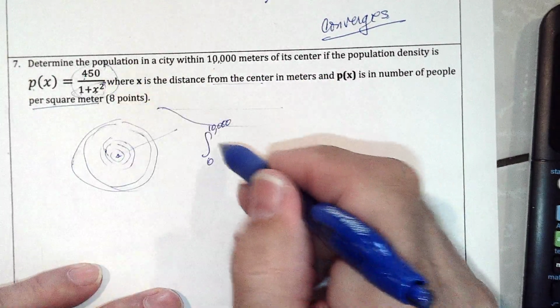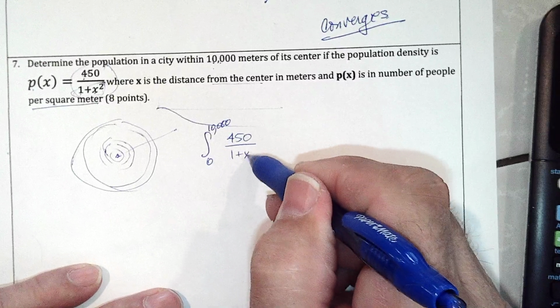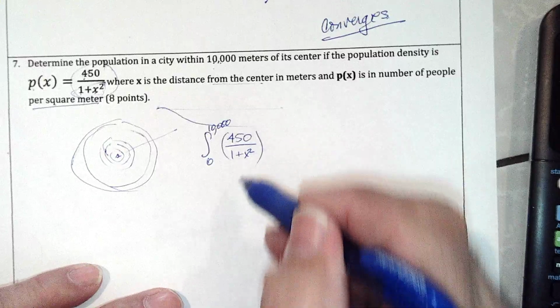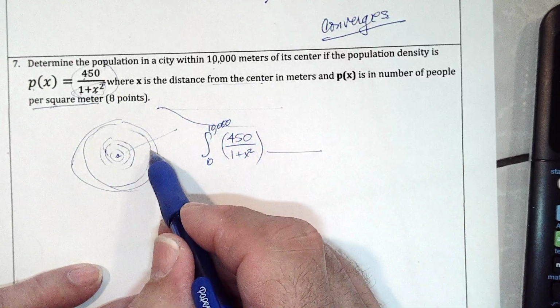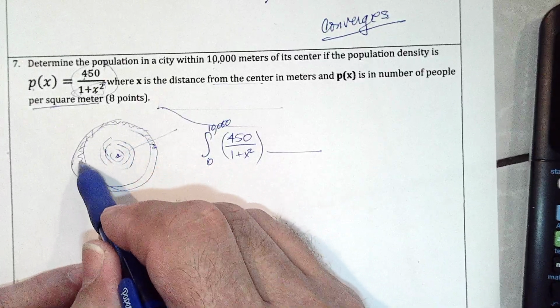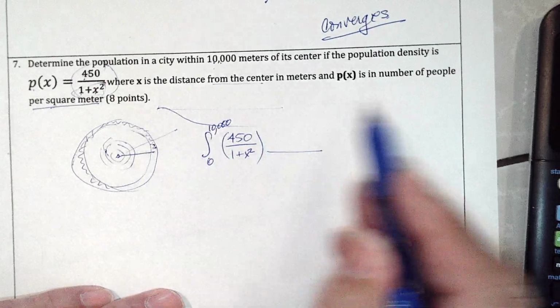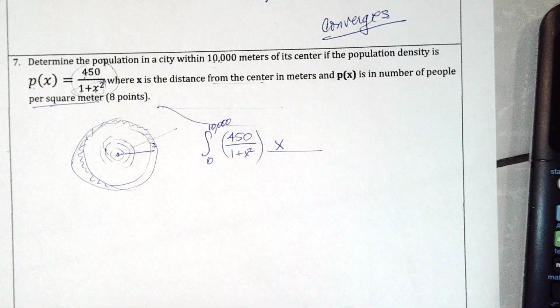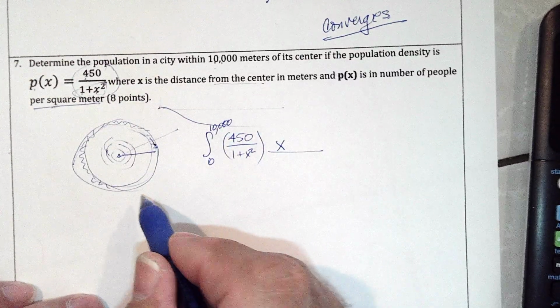Population density times, that's per square meter, times the area that population density is on. Well, that's a ring. It has a radius x. And it goes clear around, so it's 2 pi r.